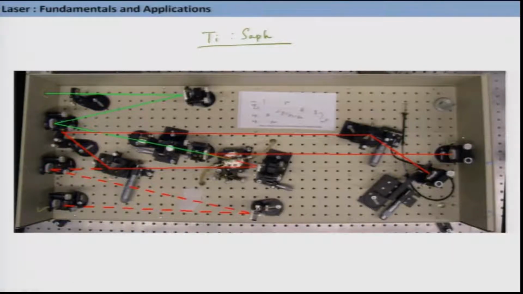Now, this green light which is entering here is essentially coming from another laser, which is a continuous wave laser. That can be anything. That can be a doubled Nd:YAG laser, or Nd:YVO4 laser, which is a similar kind of laser, or it can be a diode laser. We will talk about that one.